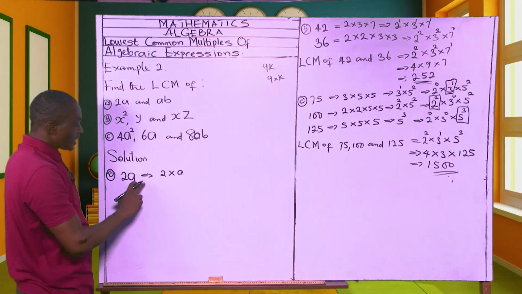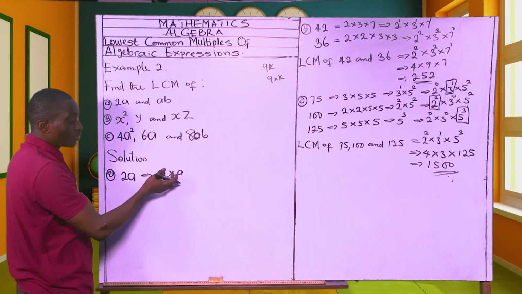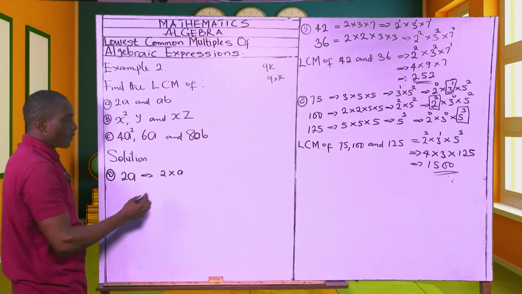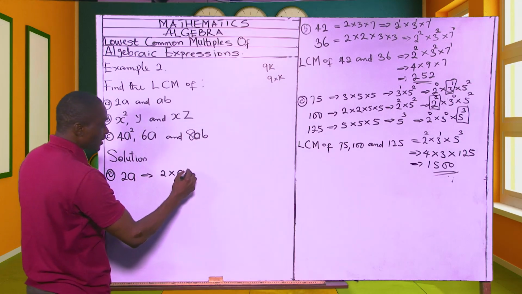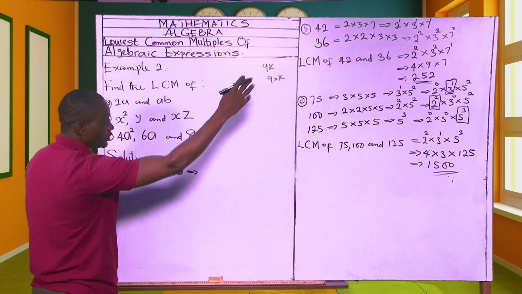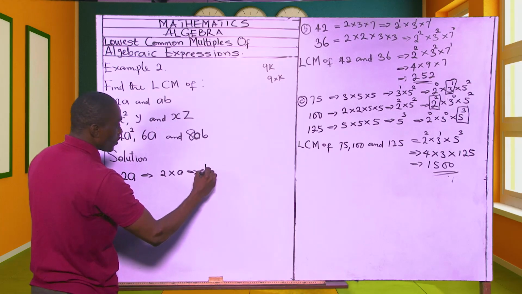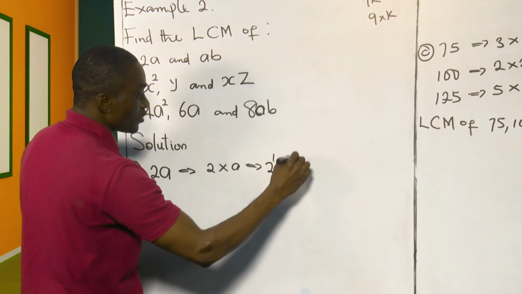Now 2A means 2 multiplied by A, and I can express this in index form, like what I've been doing above, to be 2 raised to power 1 multiplied by A raised to power 1.